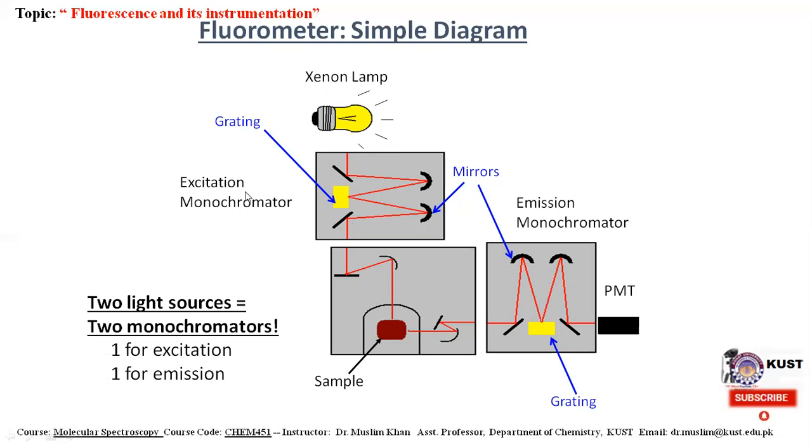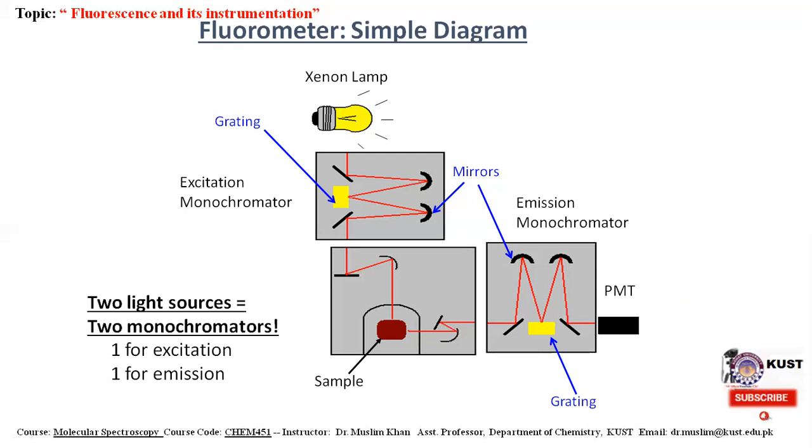We have discussed in our previous lecture what a monochromator is. Then we get rid of the unwanted light, and this monochromatic light goes to the sample, where the sample gets excited by this monochromatic light, and then this light goes to the emission monochromator, again having the same grating, lenses and mirrors, and then the light goes to the photomultiplier tube, PMT, which is a detector in the fluorometer, and we get a spectrum for fluorescence.